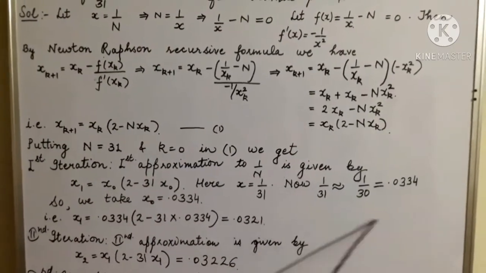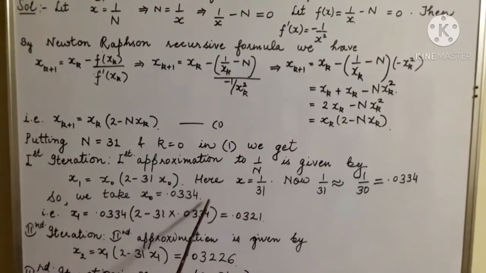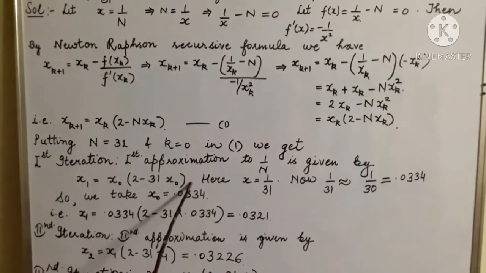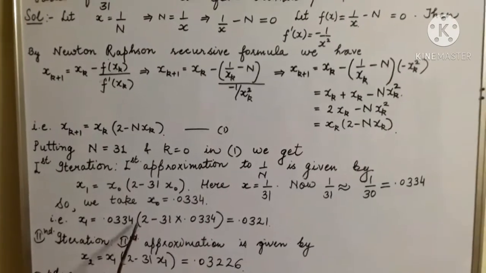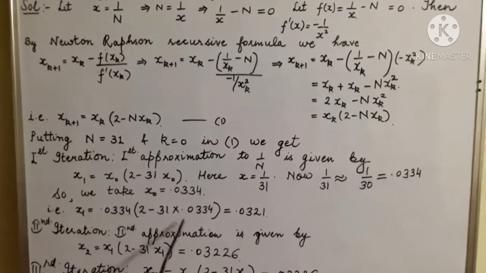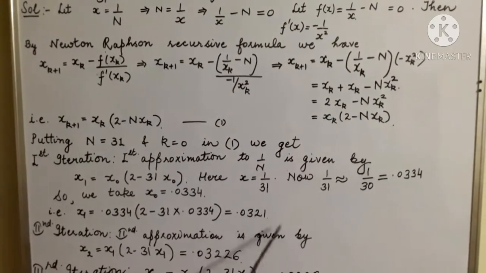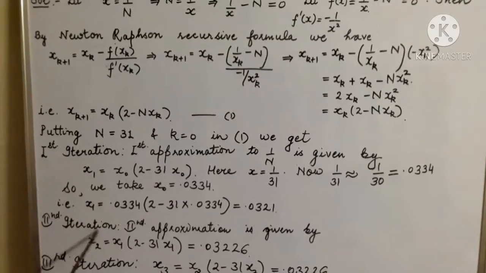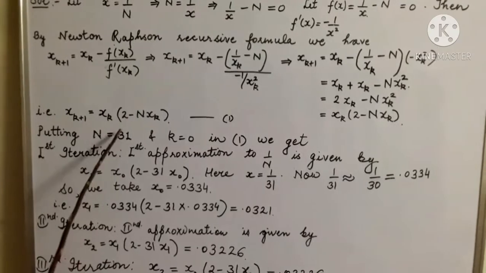And I have explained that we will take x0 equal to 0.0334. So substituting all these values in this equation, we get x1 equal to 0.0334 into (2 minus 31 into 0.0334) equal to 0.0321. So this value is the first approximation to the value of 1 upon N, where N is equal to 31.